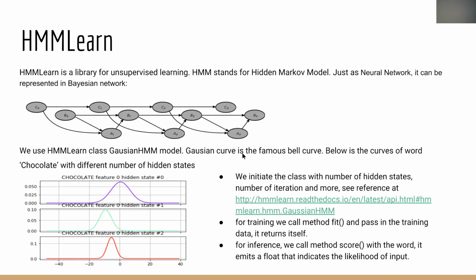And this is just explaining how it actually works. Inside HMMLearn, you provide this Gaussian HMM model, and you can see it. Okay, this is what we see. What we use is like this Bayesian network, but ignore this part, just one line.